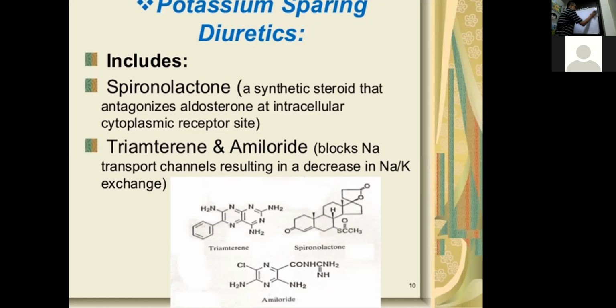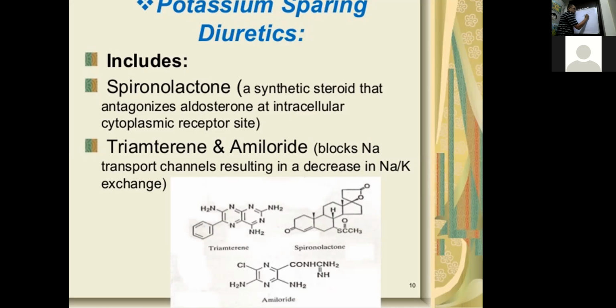And last is the structure of your spironolactone. It is an example of a steroid molecule. Whenever you draw a steroid, draw a phenanthrene ring. So this is the basic structure here. Now there is a carbonyl.